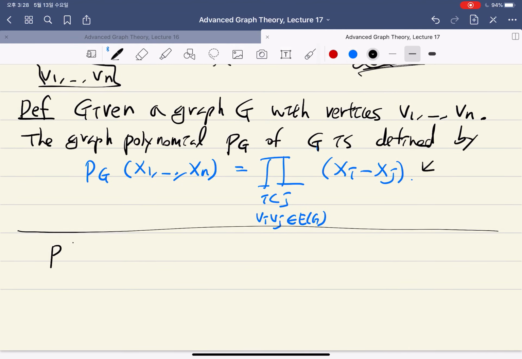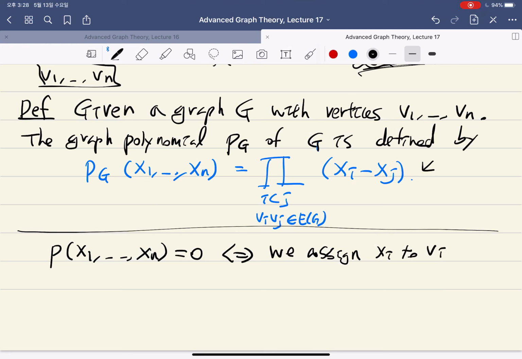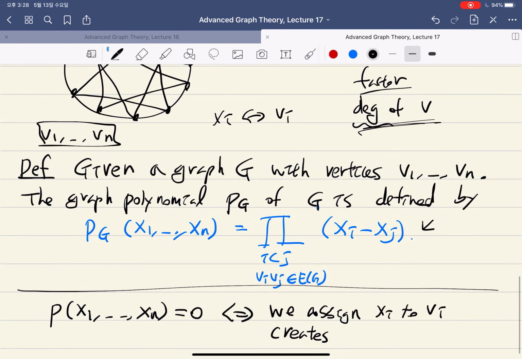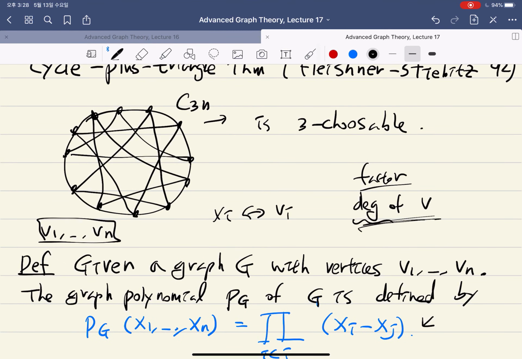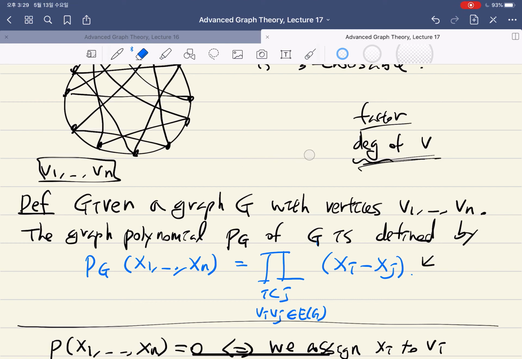Then let's say we are working over the real numbers. Let's imagine that we are assigning colors, and those colors are numbers.